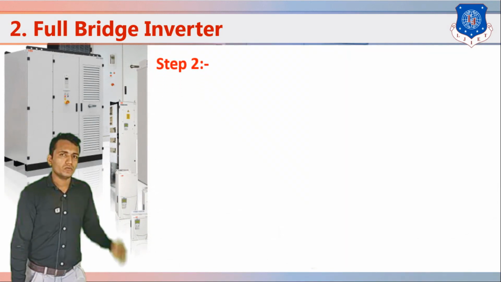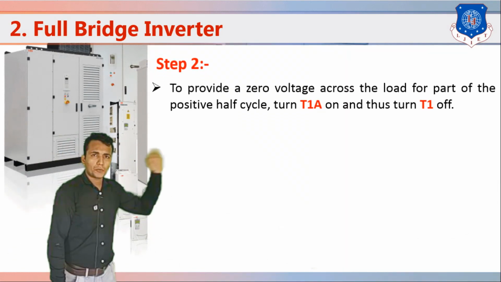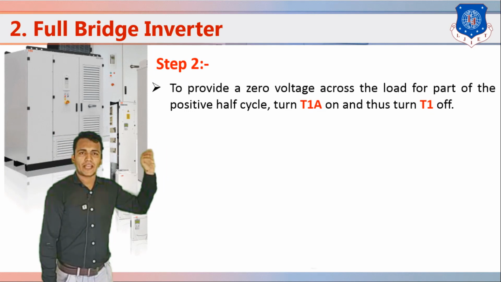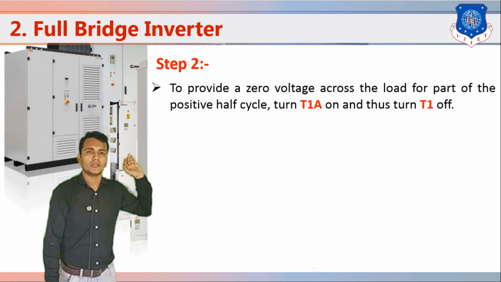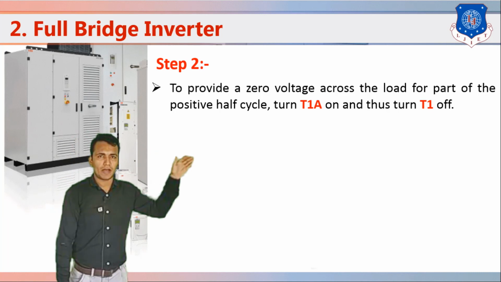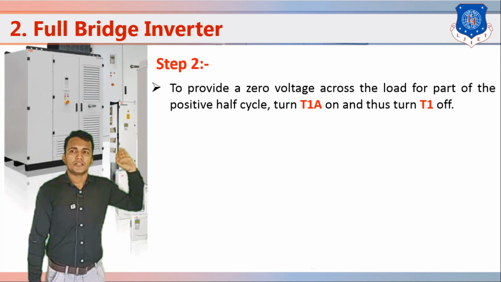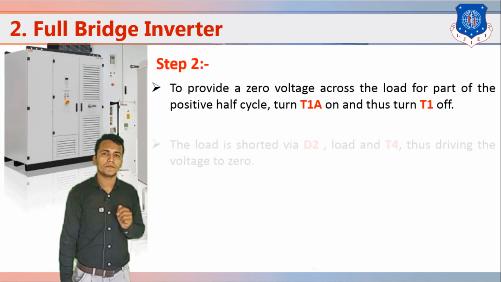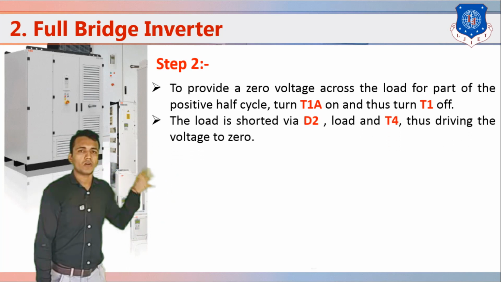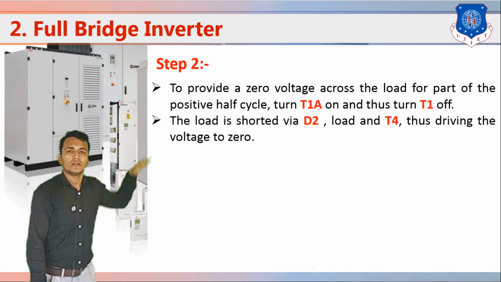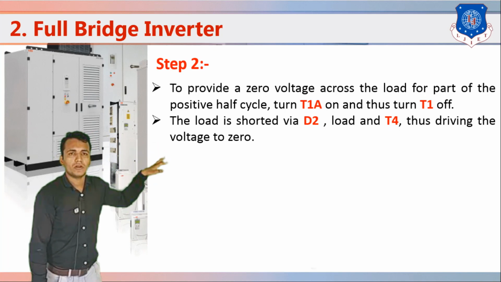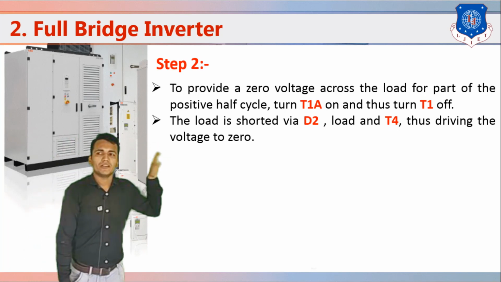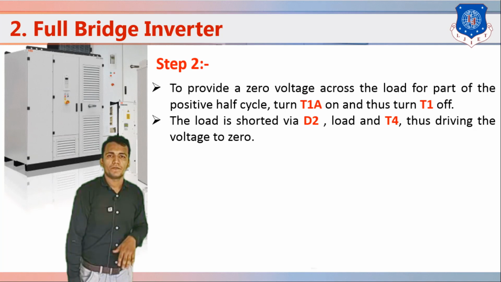Step 2: to provide zero voltage across the load for part of the positive half cycle, turn T1A on and thus T1 is turned off. The load is shorted via D2, load and T4, thus the load voltage is 0.